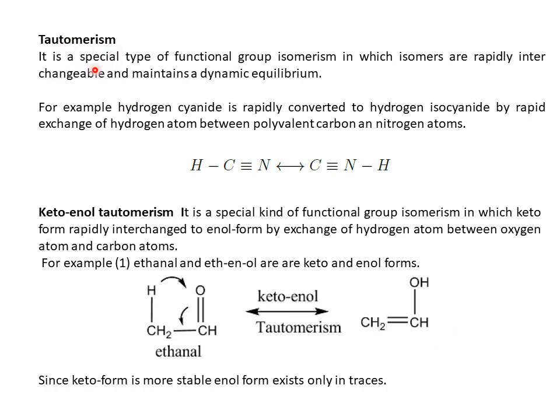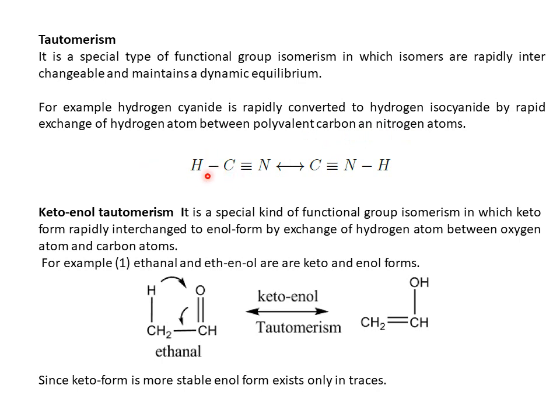Next is tautomerism. It is a special type of functional group isomerism in which isomers are rapidly interchangeable and maintain a dynamic equilibrium. For example, hydrogen cyanide HCN is rapidly converted to hydrogen isocyanide HNC by rapid exchange of a hydrogen atom between the carbon and nitrogen atoms.